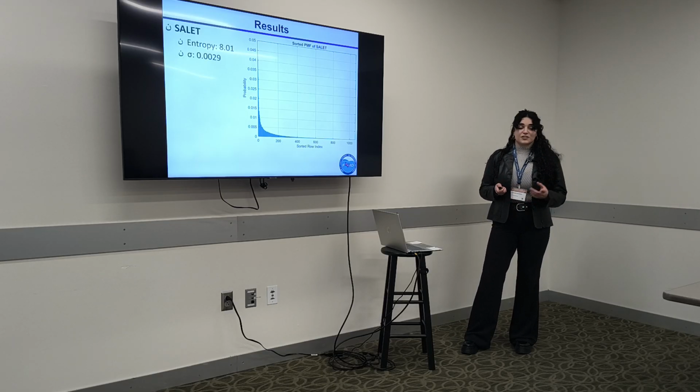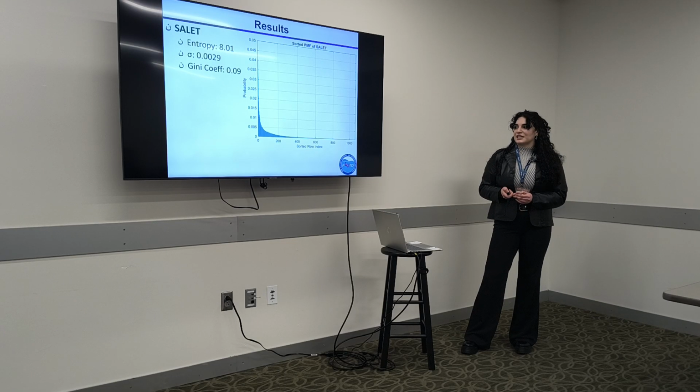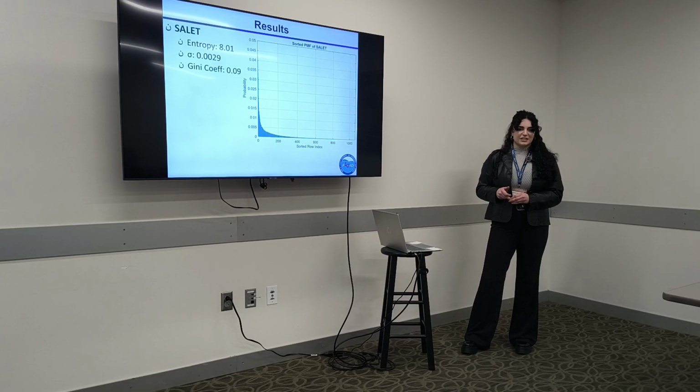It had a standard deviation of probabilities that was quite low, in addition to a Gini coefficient of 0.09. These indicate that the entropy due to each letter was relatively even. There wasn't one letter that contributed more to the total expected entropy value than others, meaning that salad is a very good word to begin a guess with.